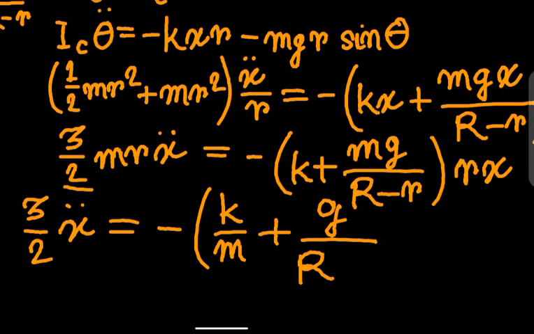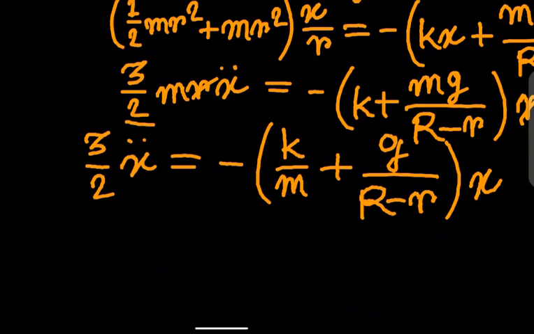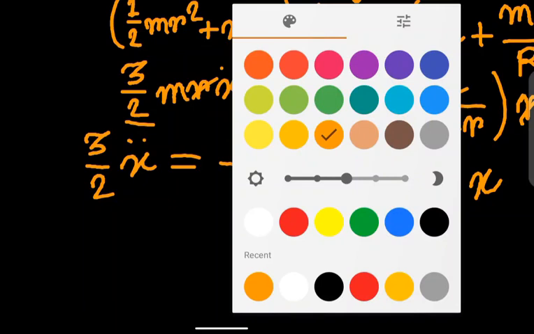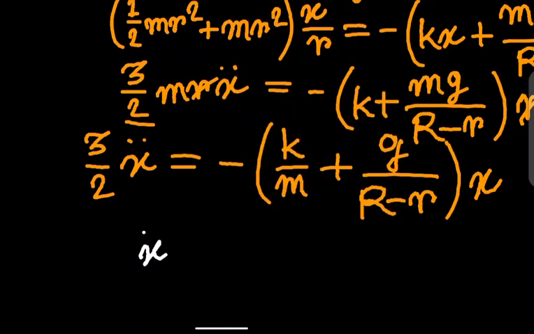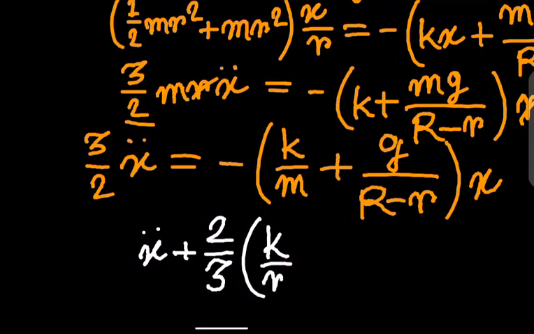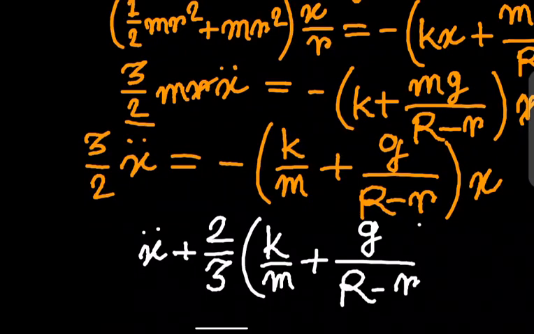So we have divided by m, the r gets cancelled out and the x will remain. Finally, at the final step, this is our final equation: x double dot plus 2 by 3 times k by m plus g divided by capital R minus small r, times x, equal to 0.